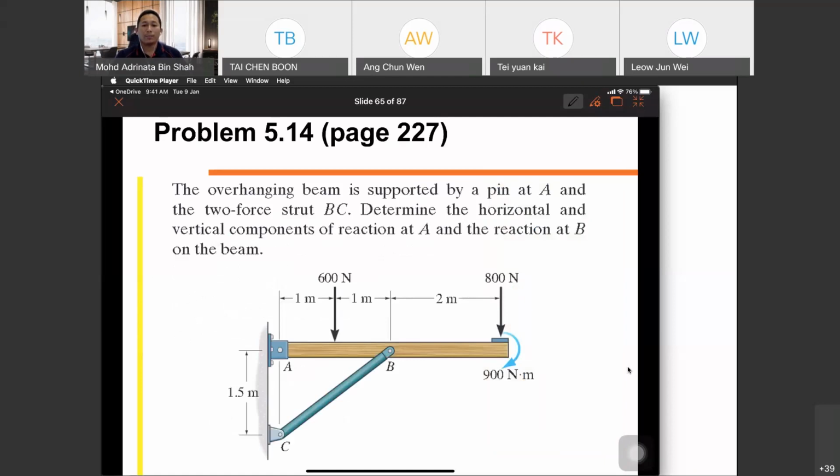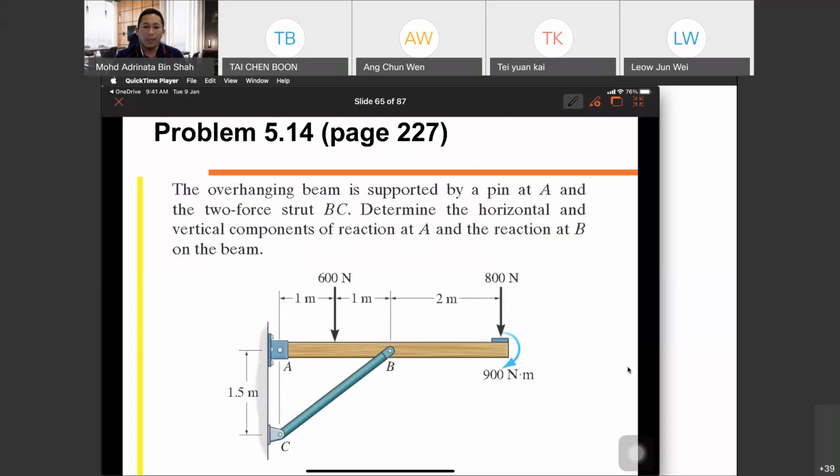Next, we have a body AB, and we have link BC. The overhanging beam is supported by a pin at A and the two-force strut BC.